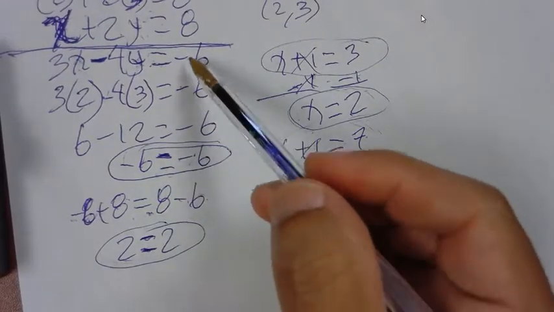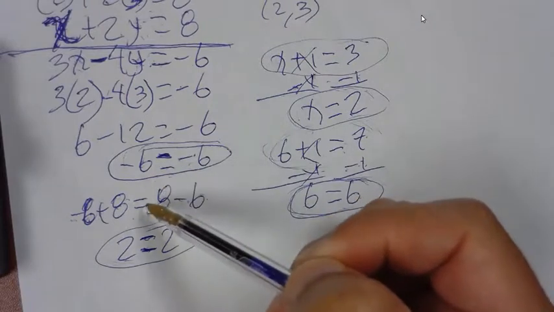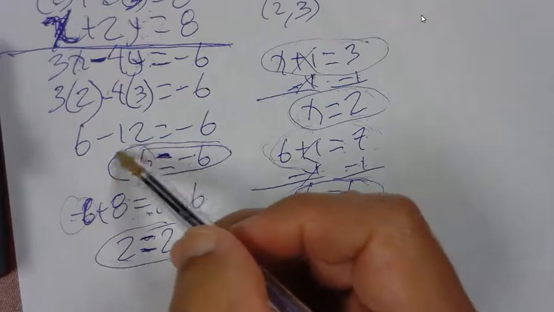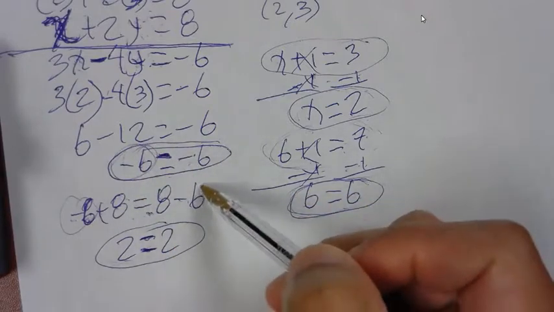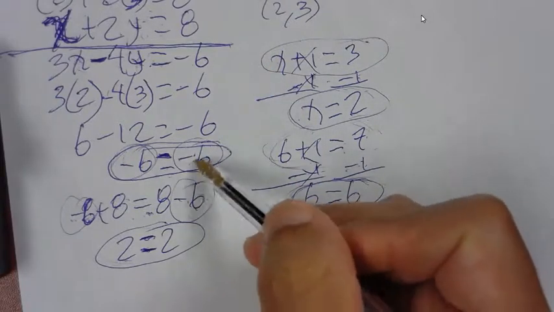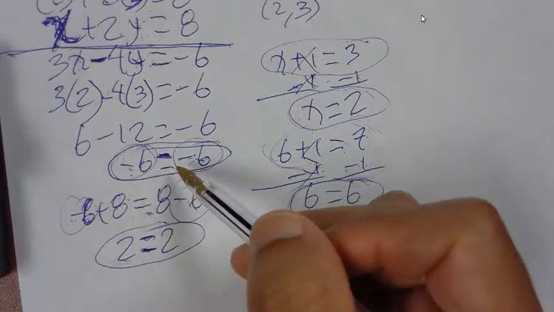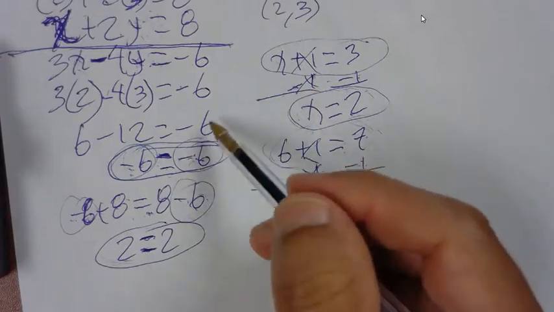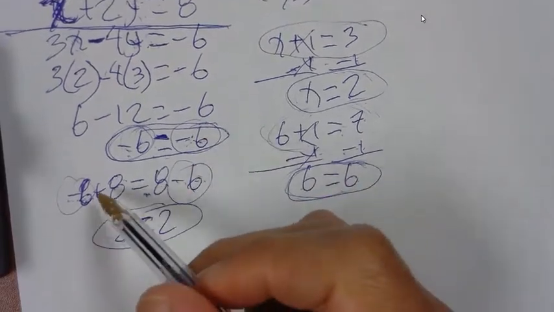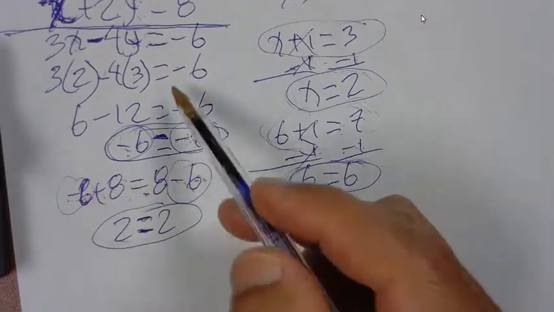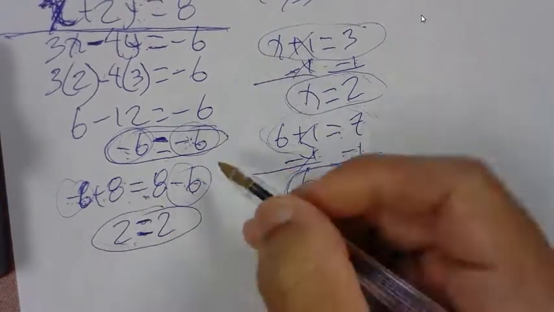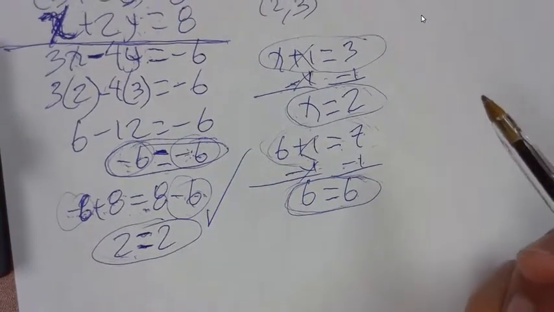And in this case, it just so happens that this negative 6 is the same as this negative 6 from this equation, and this negative 6 is the same as the negative 6 from this equation. Okay, so yeah, you actually can mix them up. So that's my second proof there. You can actually mix up the equations and be mathematically correct. So this is good. You can do it. Okay.